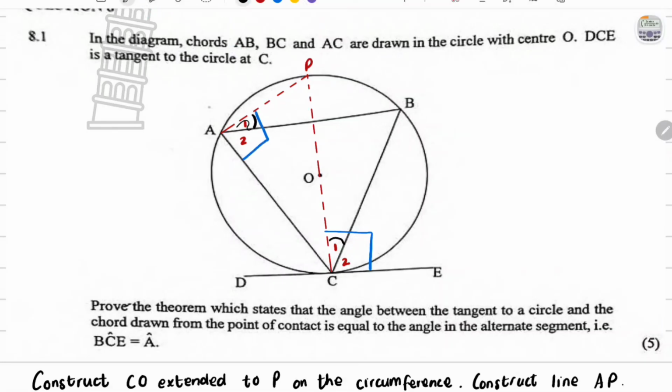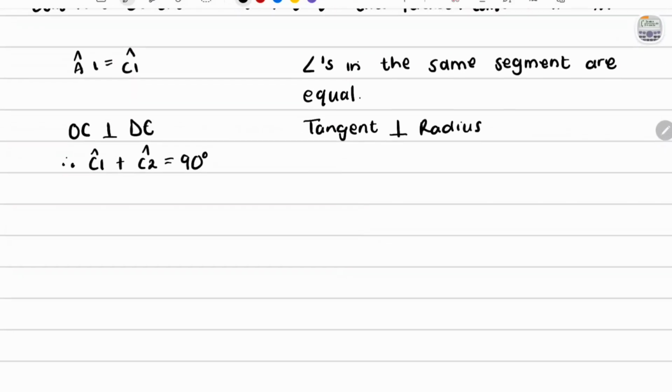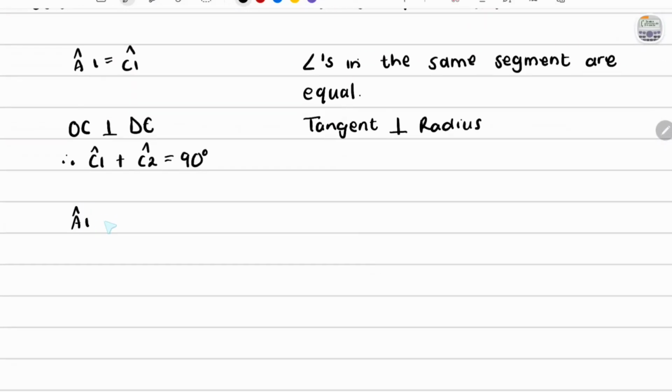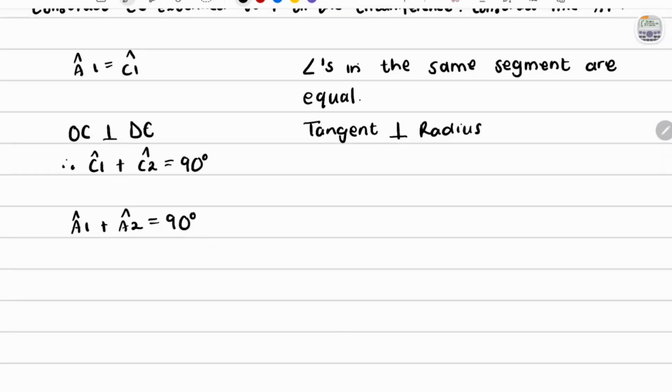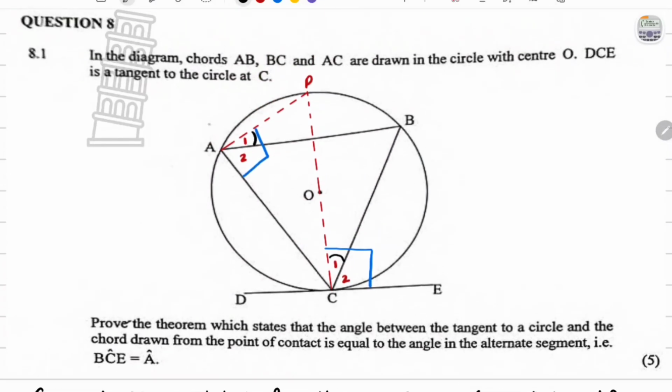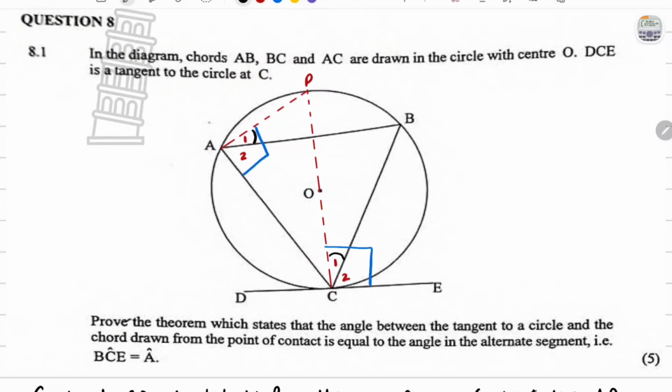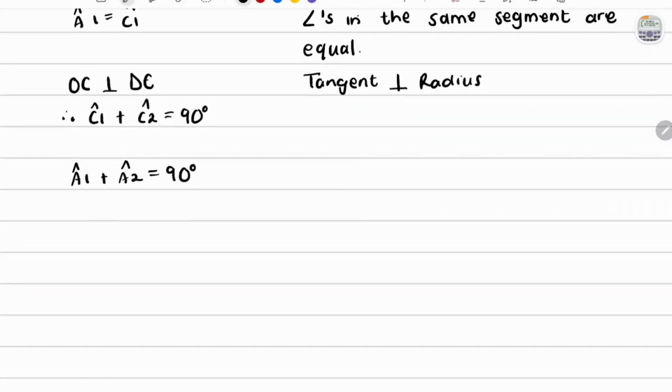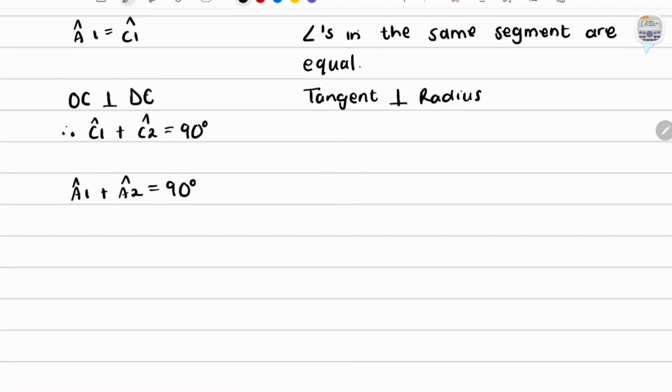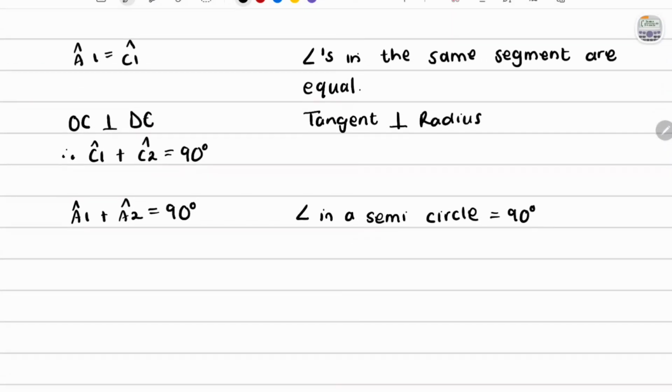So we can tell them that angle A1 plus angle A2 is also equal to 90 degrees. But the reason for that, it's not really angle supported by a diameter. You can say angle in a semicircle. So angle in a semicircle equals 90 degrees.